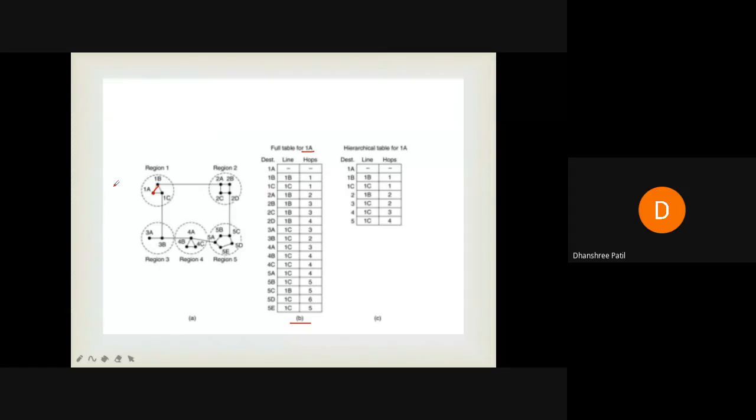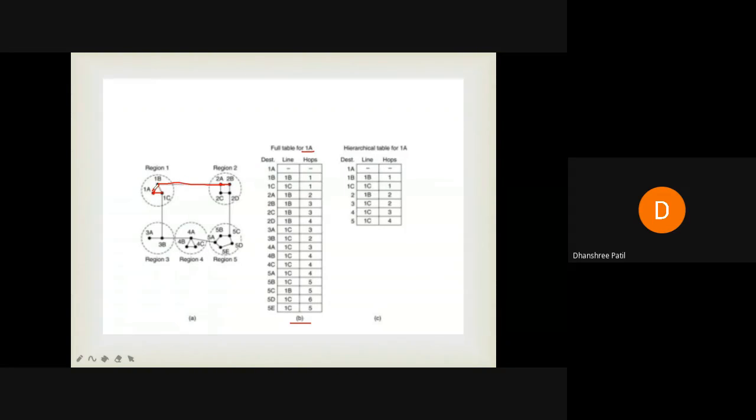Then 1A to 1C, it will reach 1C by using 1 hop. Now 1A to 2A, it will reach through 1B, and it will require 2 hops. Similarly 2B, again it will require 3 hops, and so on.